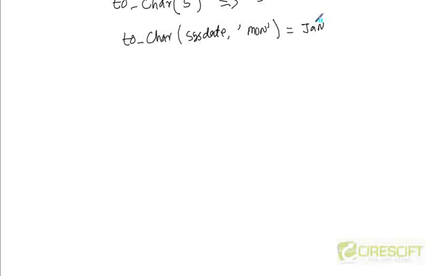Okay, so what you have seen here is that a lot of our built-in functions are highly overloaded. For example, the first to_char takes only one number variable, whereas the second takes two variables, one a date and another a varchar. These built-in functions are highly overloaded, and they belong to a package called standard.